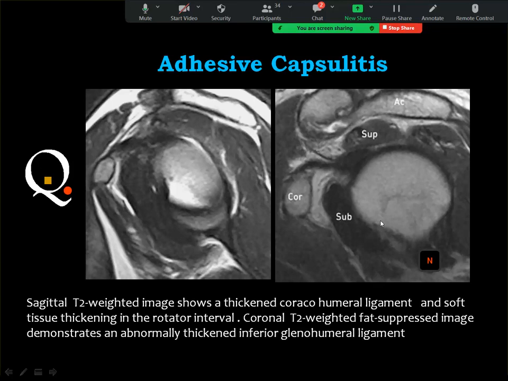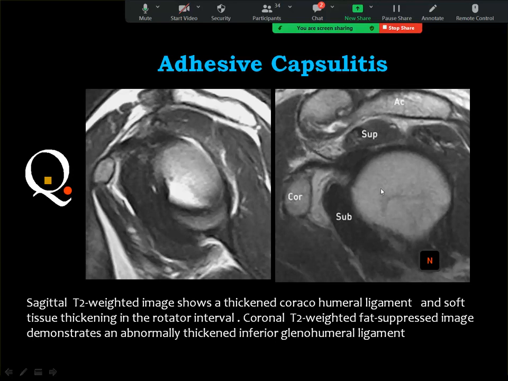This is the normal appearance of the coracohumeral ligament, and this is the fat in the rotator interval, which is the space between the supraspinatus and the subscapularis muscles seen in the sagittal image.